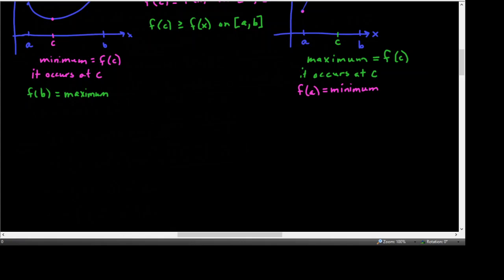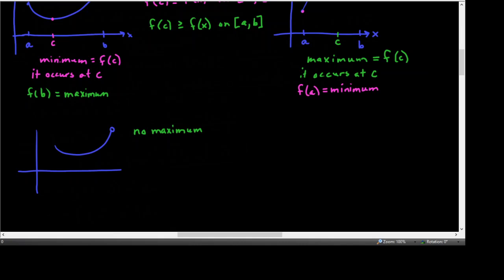One, if I had a picture similar to the one I just drew, except this were an open circle, then this graph has no maximum because the only candidate for it is at an open circle, and there is no value that it actually reaches that's a maximum. You can say it's bounded on the top by that value, but it never reaches it.